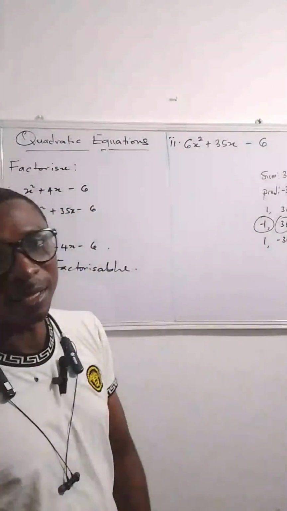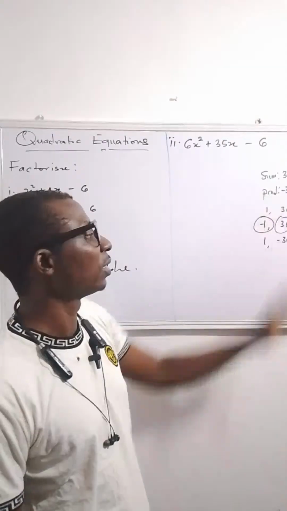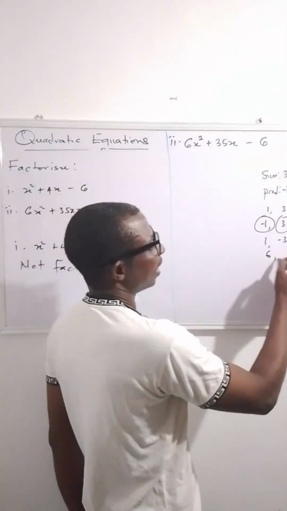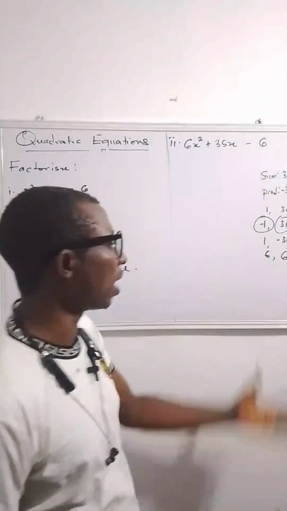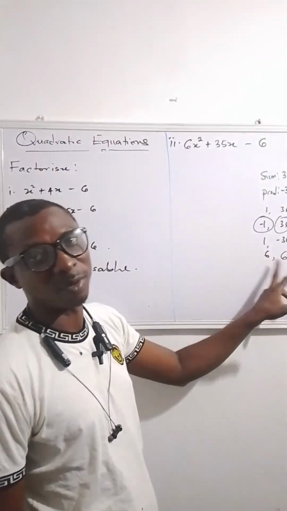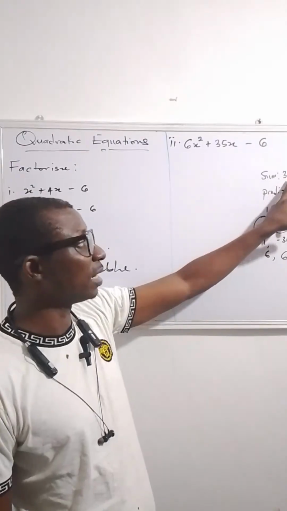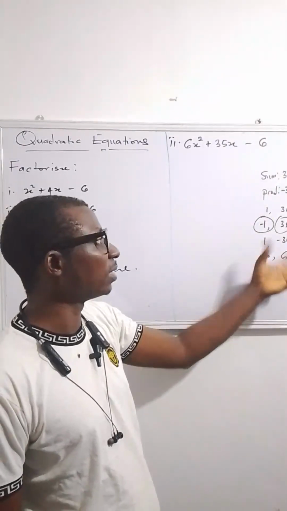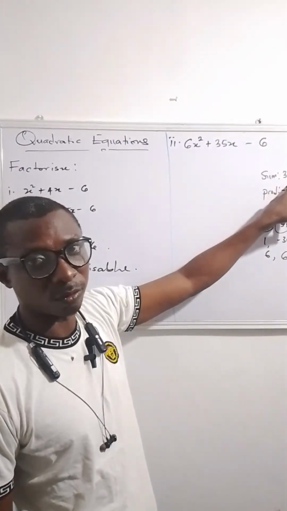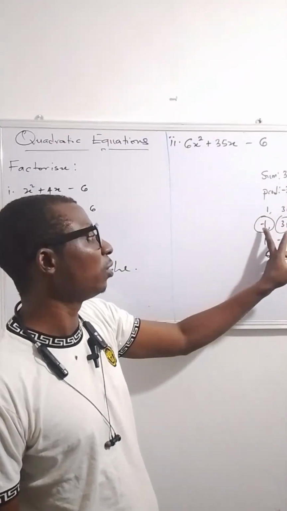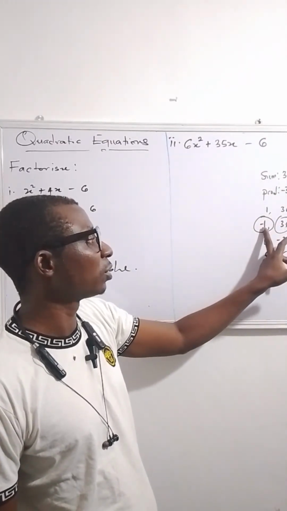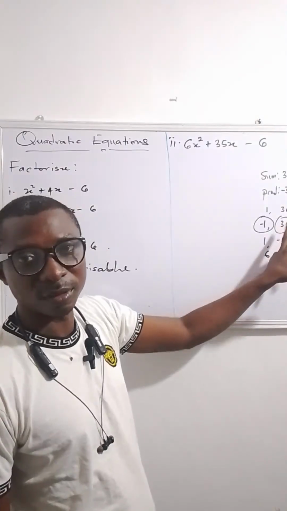Okay, so you can see I'm going straight to the point. I didn't consider 6 and 6 because there's no way I can add 6 and 6, either positive or negative, that will give me 35. So I won't consider that. I look for a number that is very close to my sum. All right, so the two numbers are minus 1 and plus 36.